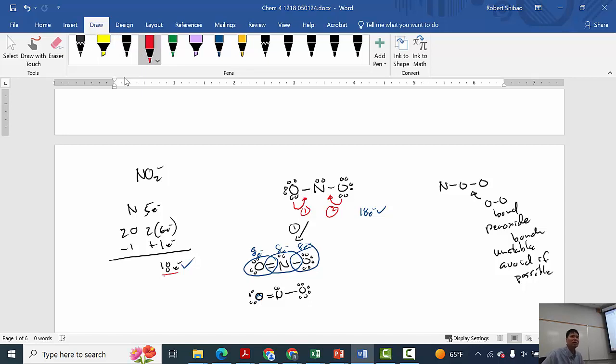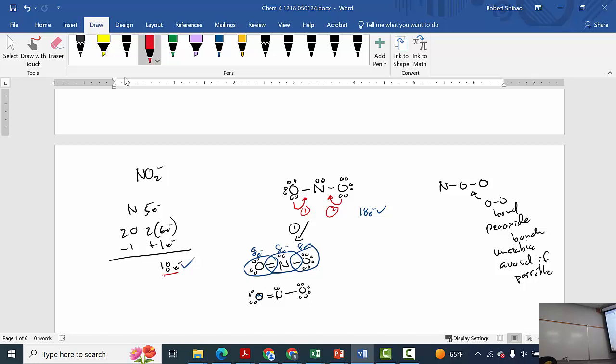What's the formal charge on this oxygen? Can you just look at it and see the formal charge, or not? So when I look at this oxygen, I see 1, 2, 3, 4, and then I have to visualize splitting these in half. And so it'd be 1, 2, 3, 4, 5, 6, 0. 0 we don't need to write.